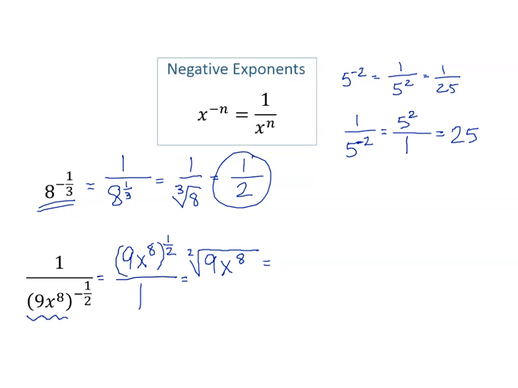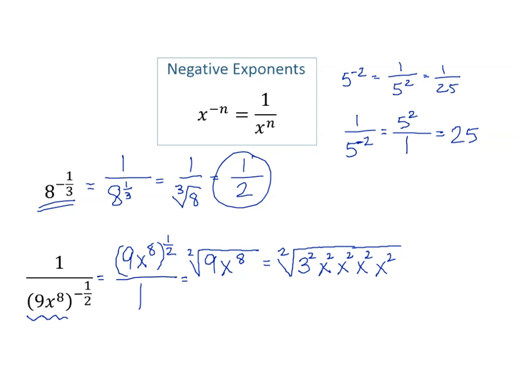So now I want you to think back to what we did before in the previous example. Because remember, if I can get that exponent to match the index, then that means that I can simplify further. Well, I can write 9 as 3 to the 2nd. And the x to the 8th, I can write x to the 2nd, x to the 2nd, x to the 2nd, x to the 2nd.